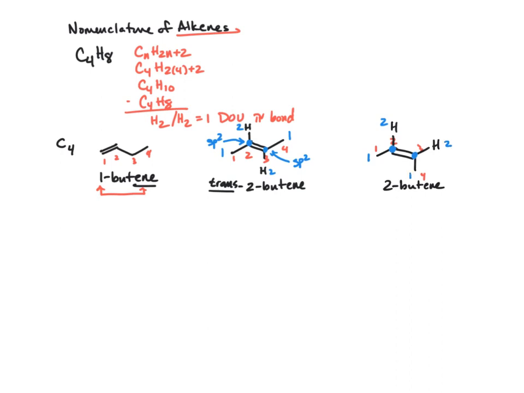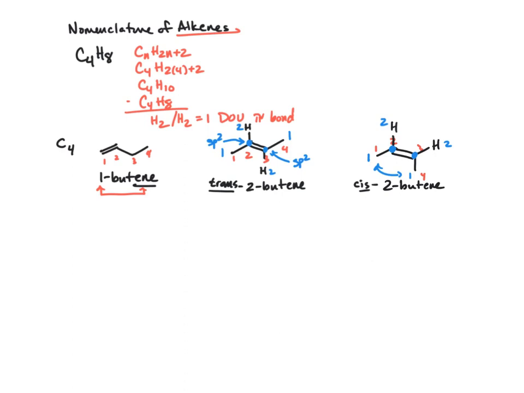You can see now that both of these 1 groups are on the same face. So in that case, we're going to put a cis in front of the 2-butene. So we have 1-butene, trans-2-butene, and cis-2-butene for the C4 chains.